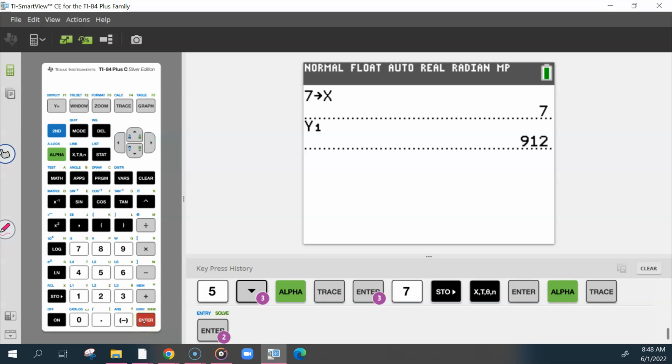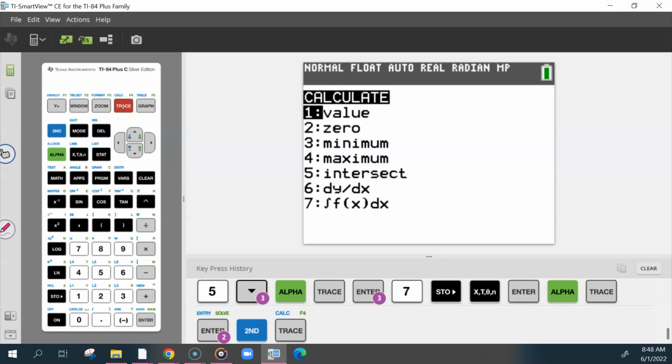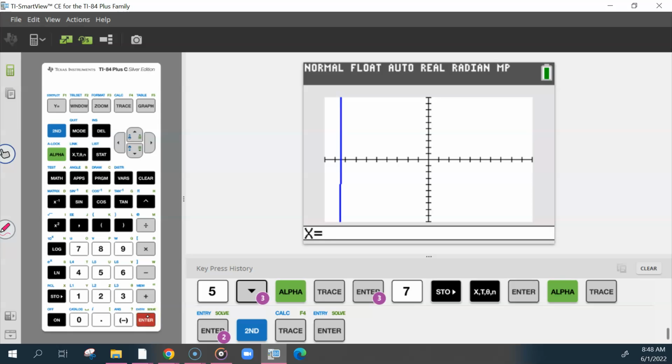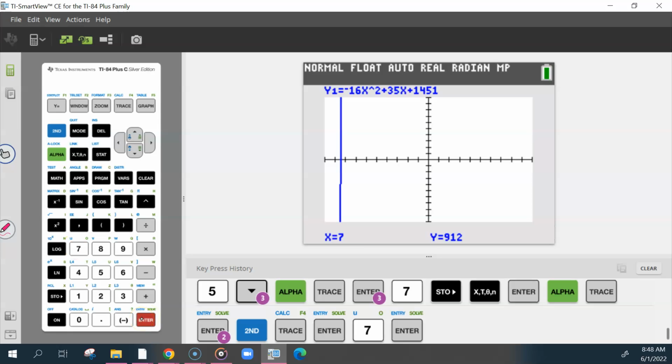And it will give you your answer. Or use the second method, which is going into second trace, going into value, and then putting in that value of 7, and it will solve that for you. So either of those methods. I know I just did that extremely fast, but you do have all of those steps. Other questions on the review?